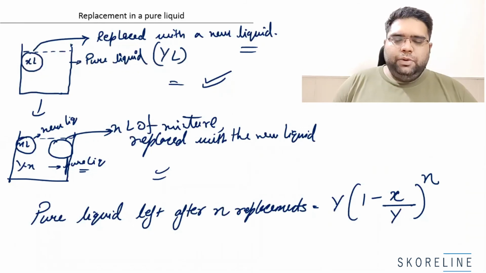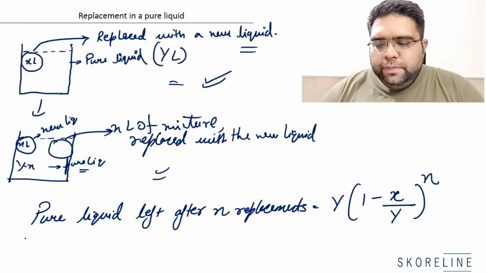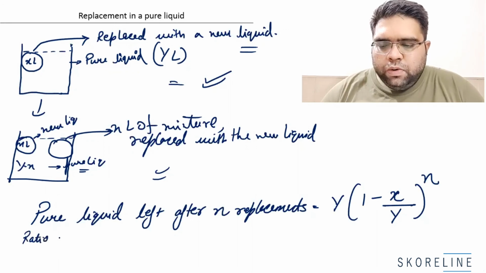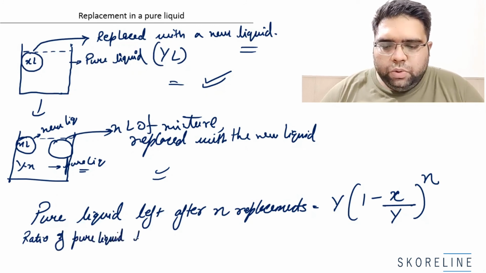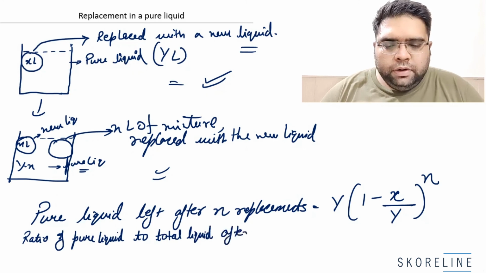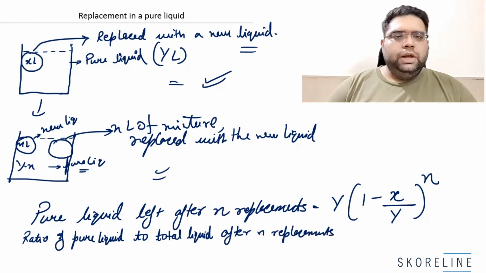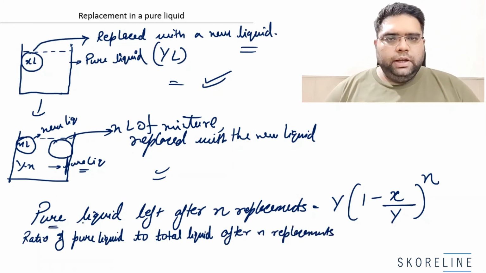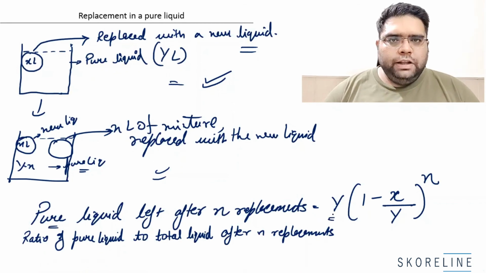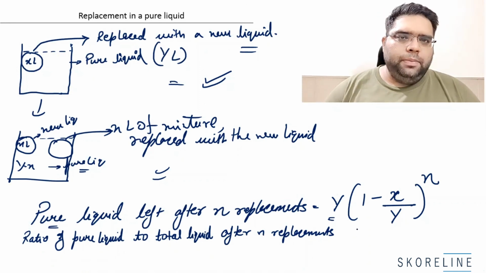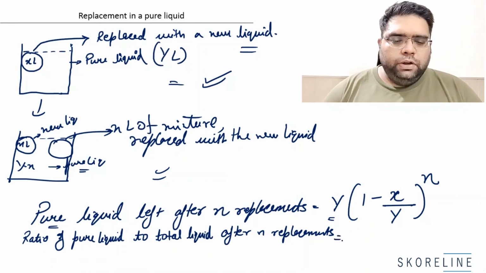Now this formula can be tweaked a little. If you are asked to find the ratio of pure liquid to total liquid after n replacements, this formula is for pure liquid, so I just need to divide it by y, because y is the total volume of that container.